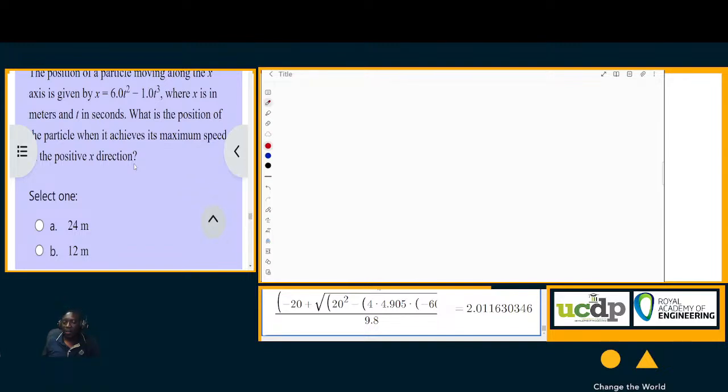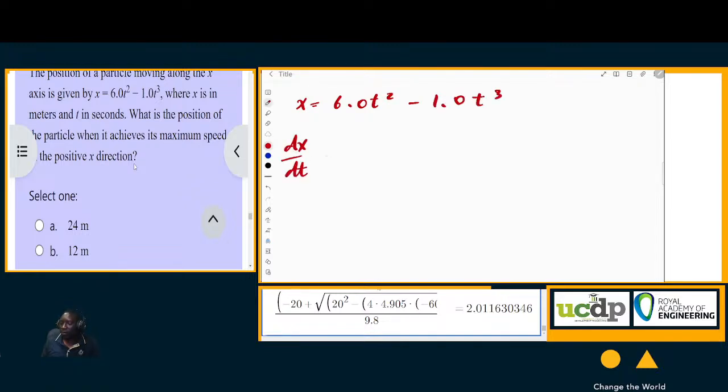I think it will be v is equal to, then we take that, since it's 6.0 t squared, then we'll take that 2 on the square, then times it by 6. Good. Okay. Then we'll get 12 t. All right, I get it.